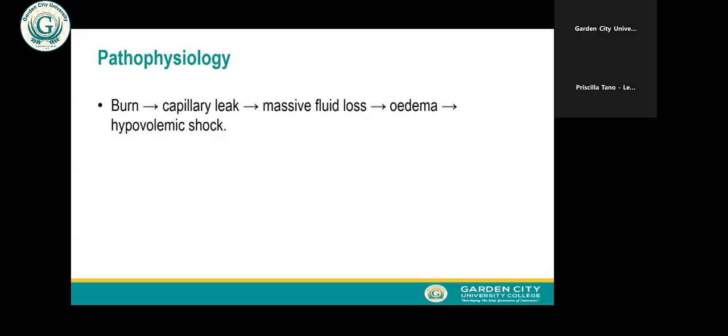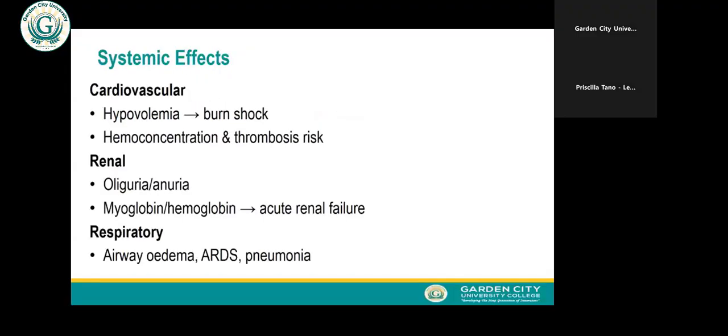Is that okay? Right. So we have the systemic effect. Cardiovascular. What will happen to the patient?